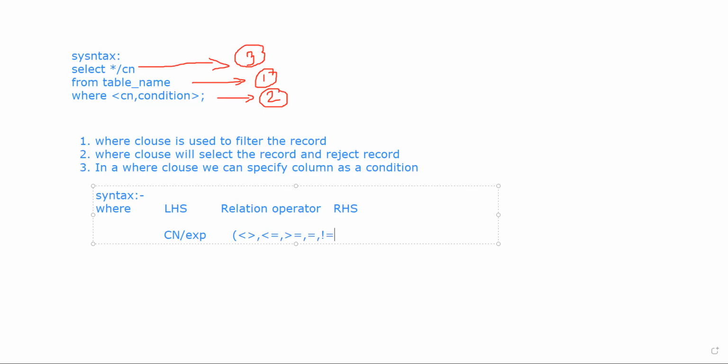This kind of operator we will use as the relational operator, right? And RHS is the direct value.